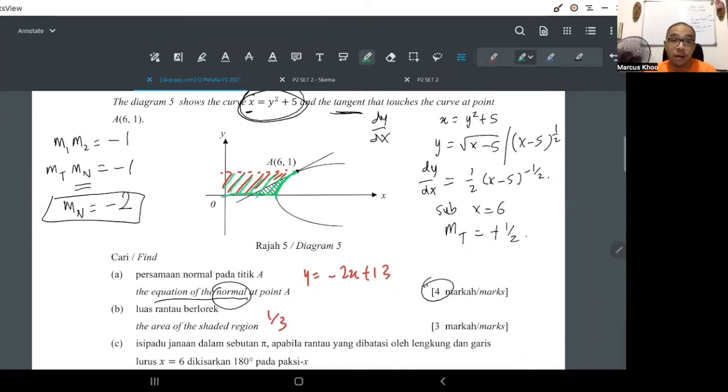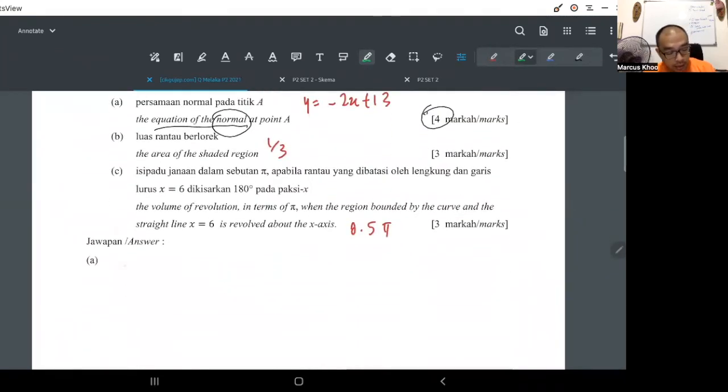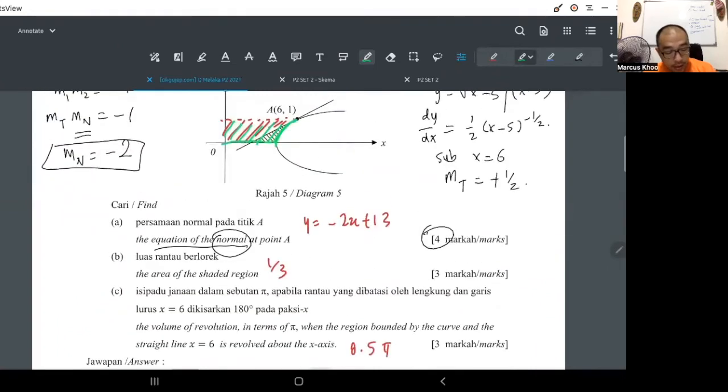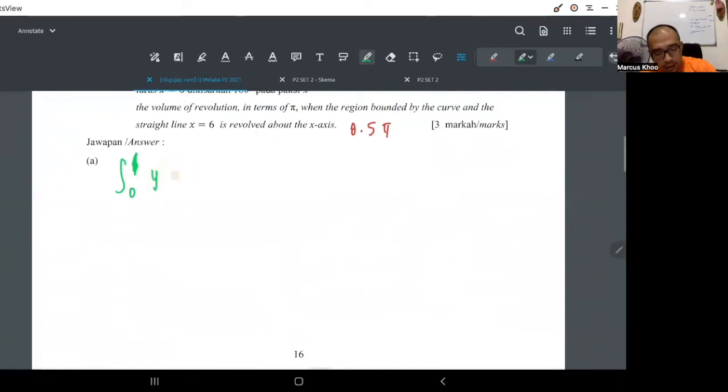Then you get the area of the shaded region. So it is integration from 0 to 1 of x dy. So we use the y coordinates, minus the area of the trapezium.